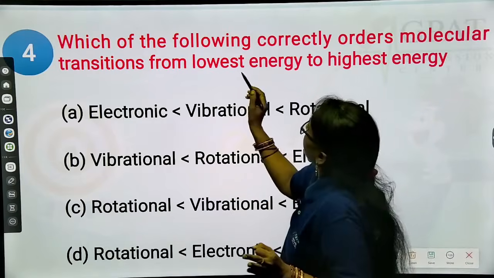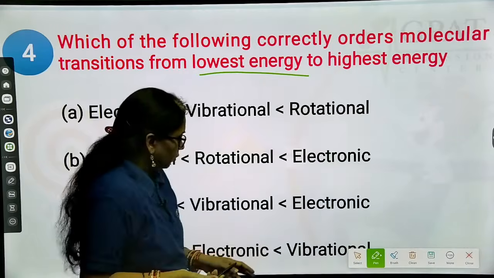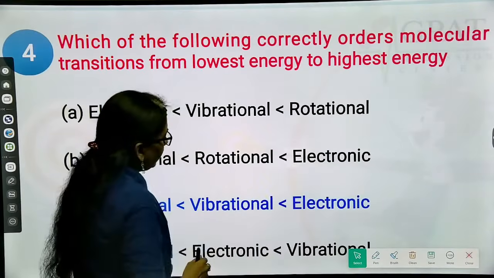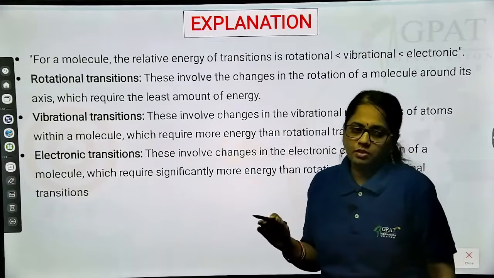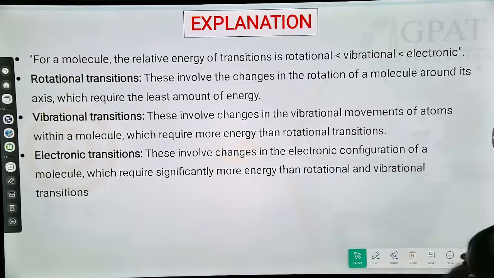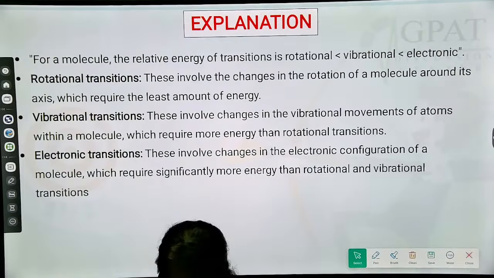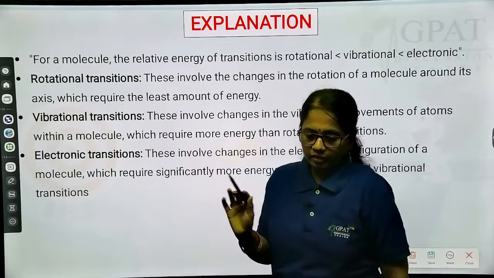So molecular transitions from the lowest energy means highest wavelength, right? We know that very well. So let us see first of all the explanation, how the energy levels are different for a molecule and its relative transitions.